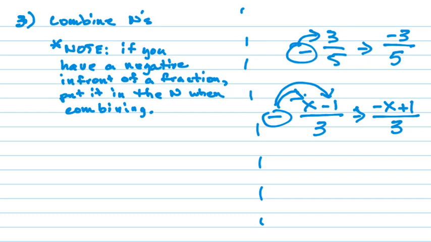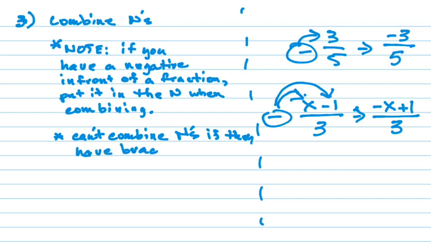So, right. You also can't combine numerators if they have brackets. Now, the book just assumes that everybody knows that, right?